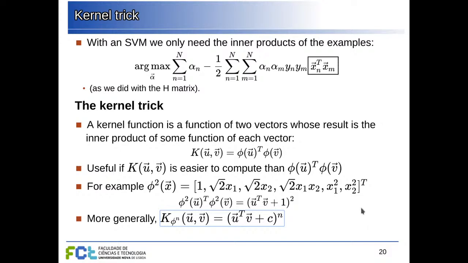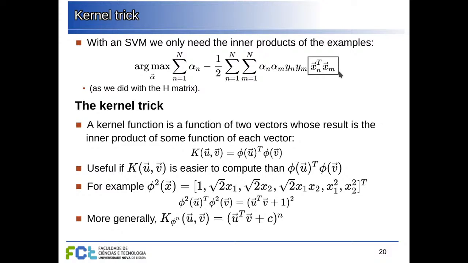So this is very useful if we want to do some nonlinear transformation into a very high dimensional space, and then just compute the inner product of two vectors, which in support vector machine is precisely what we need. We only need to compute the inner product of the vectors. We don't need the vectors themselves. We don't need the actual examples to be transformed into higher space.